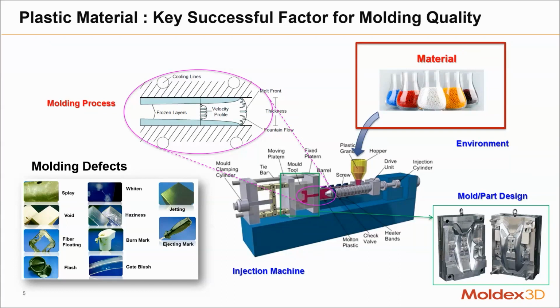But when we are actually doing the CAE analysis, we need a broad spectrum of material properties, such as the complete viscosity curve, the complete PVT diagrams, and also your heat capacity and thermal conductivities. So that's what we call key factors for successful molding trials.